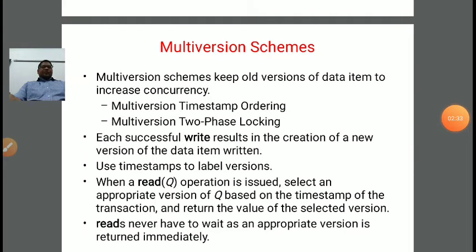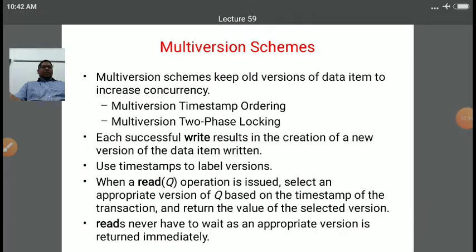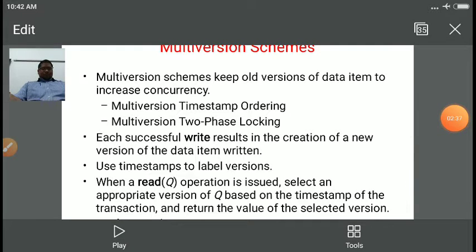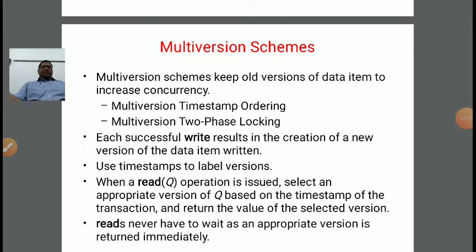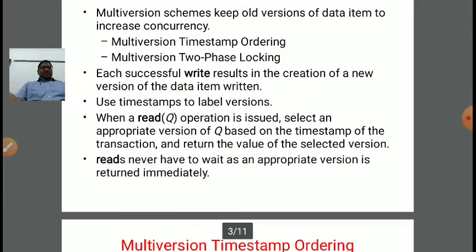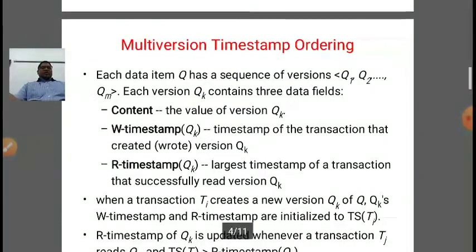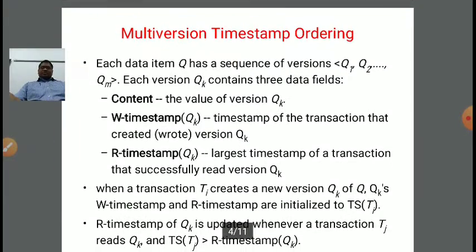Means whenever we want to perform a read operation on the data item Q, then we have to select an appropriate version of the data item Q based on the timestamp of the transaction and return the value of the selected version. Now a read never has to wait as an appropriate version is returned immediately, right? Next, how to ensure the ordering in timestamp, clear?